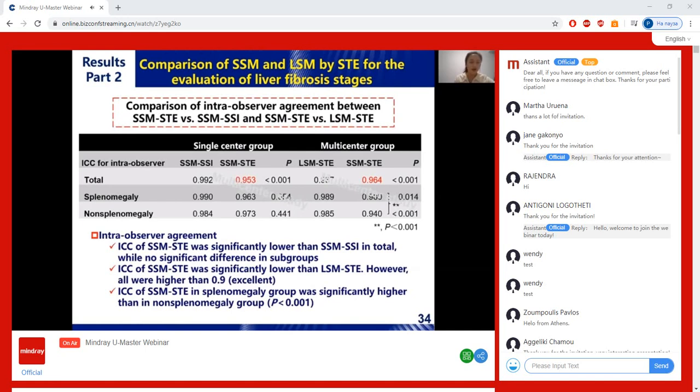However, all ICCs were higher than 0.9, which were excellent. ICC of spleen stiffness measurement by STE in splenomegaly group was significantly higher than in non-splenomegaly group, which were both excellent too.